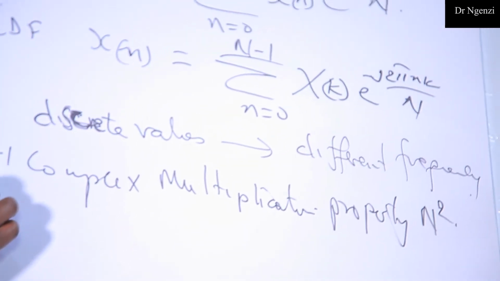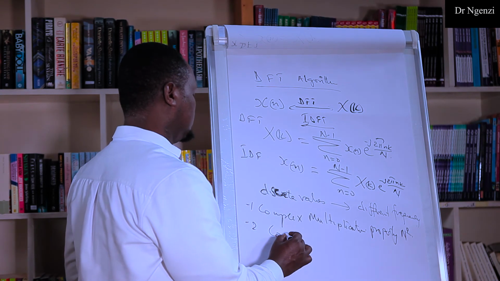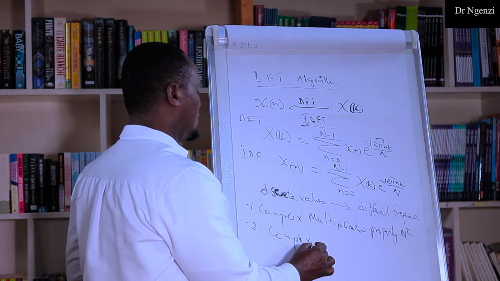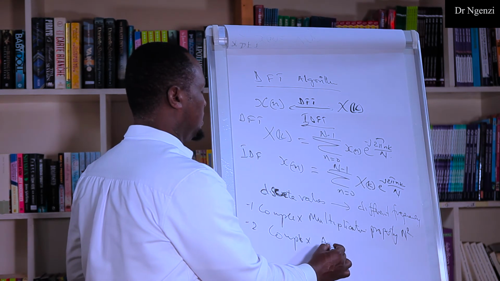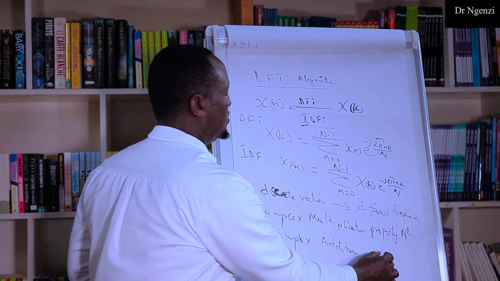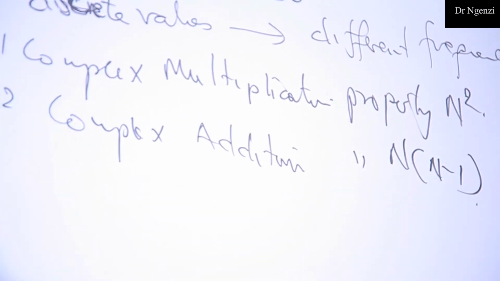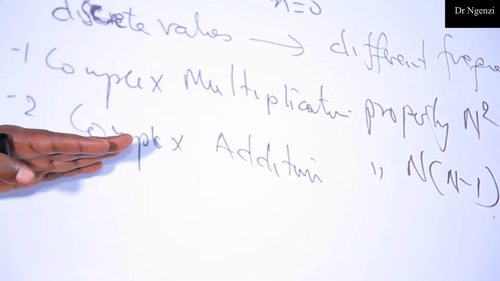Number two is the complex addition property, which is big N into N minus 1. So these are going to help us.